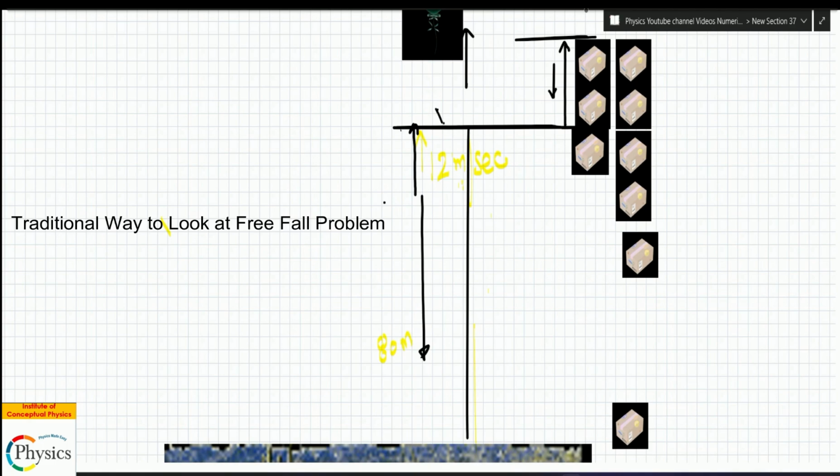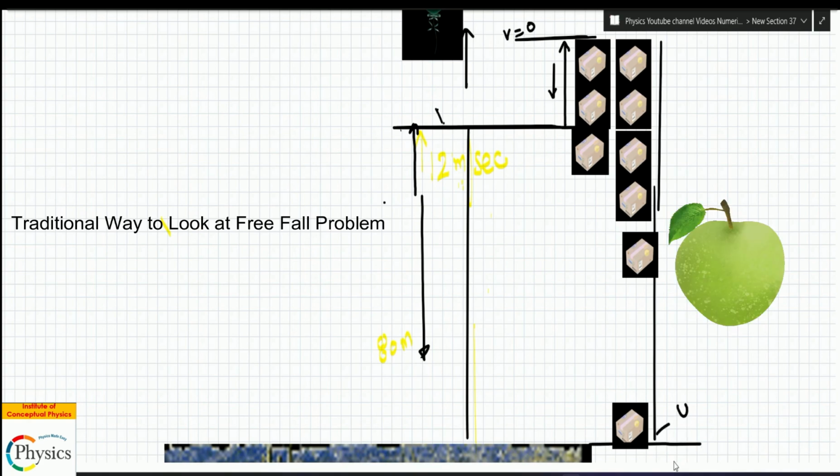Here its final velocity becomes zero. And then it starts coming down towards the ground. Finally, in the last stage, you can see it is hitting the ground. This is the ground level where it hits, and we have to find the velocity at this point.